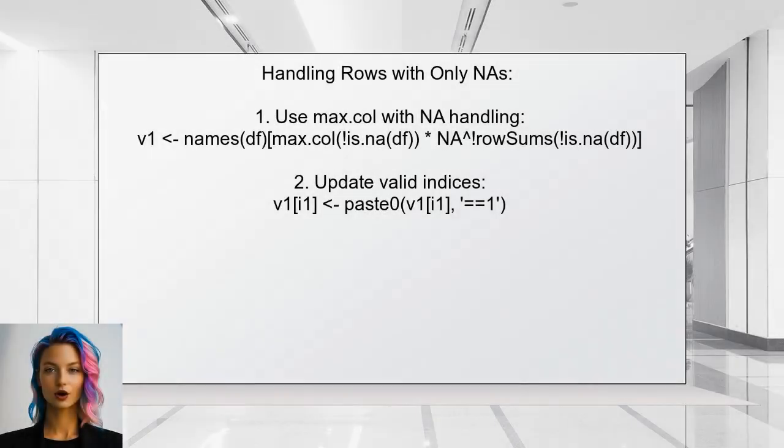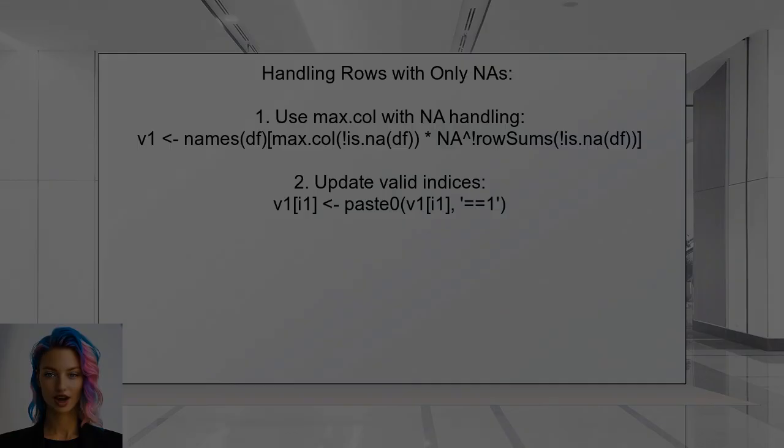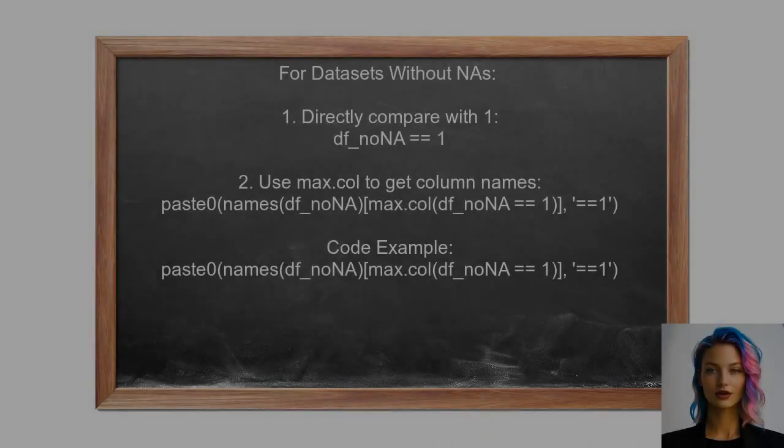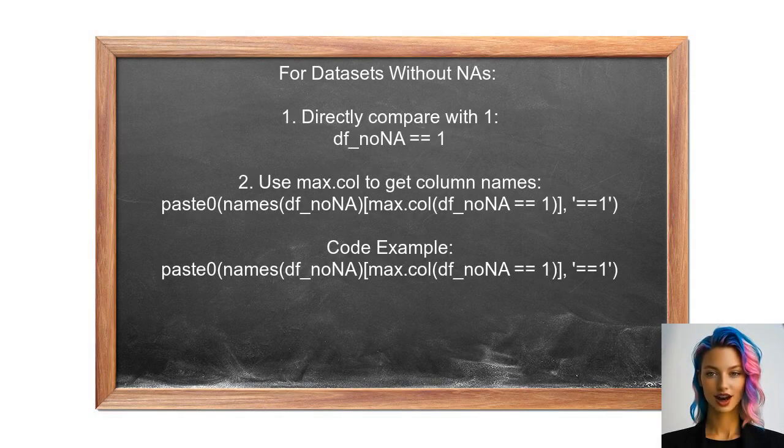If there are rows with only NAs, we can handle this by multiplying the max.col result with NA raised to the power of the row sums of non-NA values. This ensures we get the correct output even when all values are NA. For datasets without NAs, we can directly compare with 1 to create a logical matrix and follow the same steps to get the desired output.